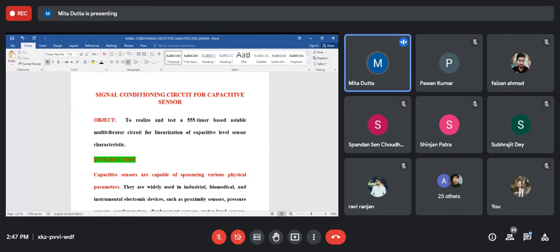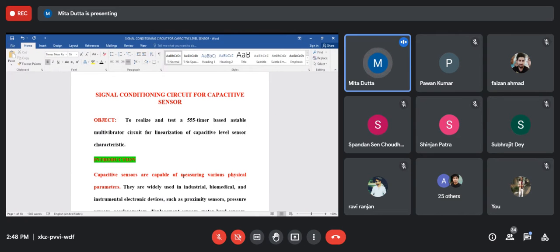Now here we are using a capacitive sensor to measure the level of a fluid. In general, we know that the capacitive sensor uses the characteristics of a capacitor and an electric field to form a sensor. Now, how is the capacitor characterized?